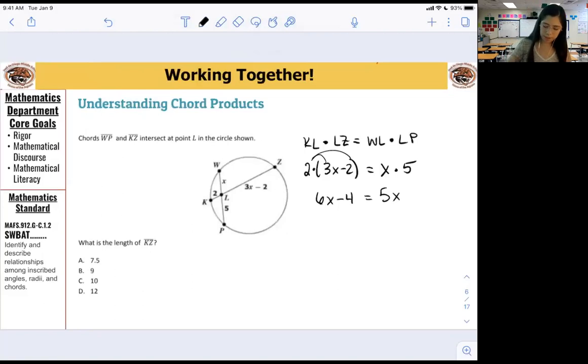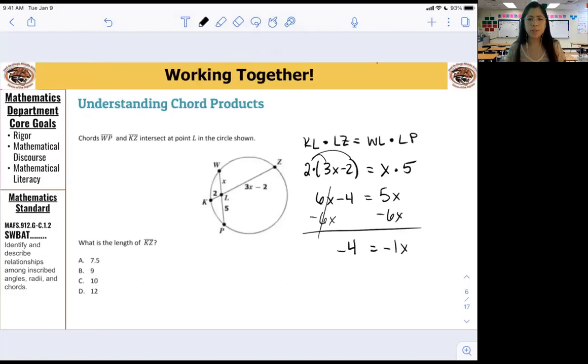We can subtract 6x, good. 5 minus 6, I get -1. But what should I do to both sides now? Good. If I divide both sides by -1, I know that x equals 4.